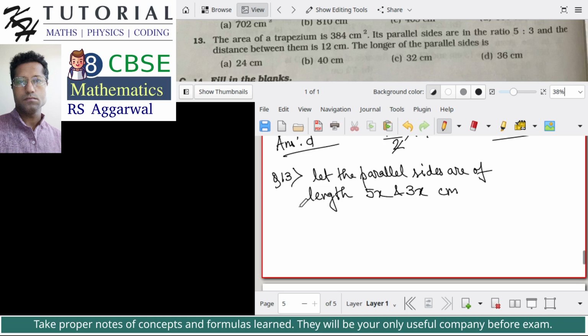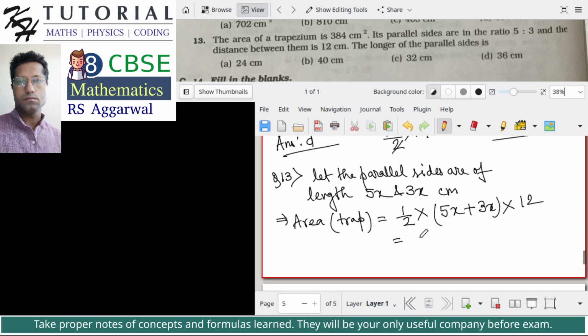Okay. This will imply the area of the trapezium will be equal to half multiplied by the sum of the parallel sides, which is 5x plus 3x, multiplied by the height, which is given as 12 centimeter. The distance between the parallel sides in a trapezium is the height of the trapezium, 12.